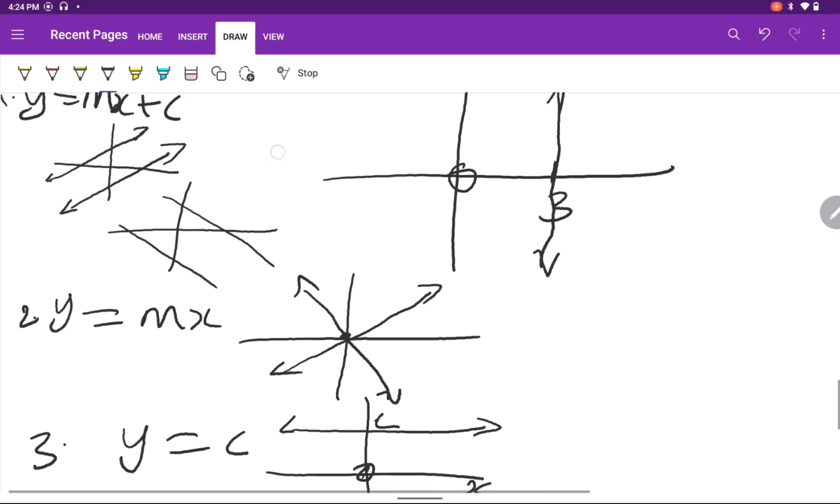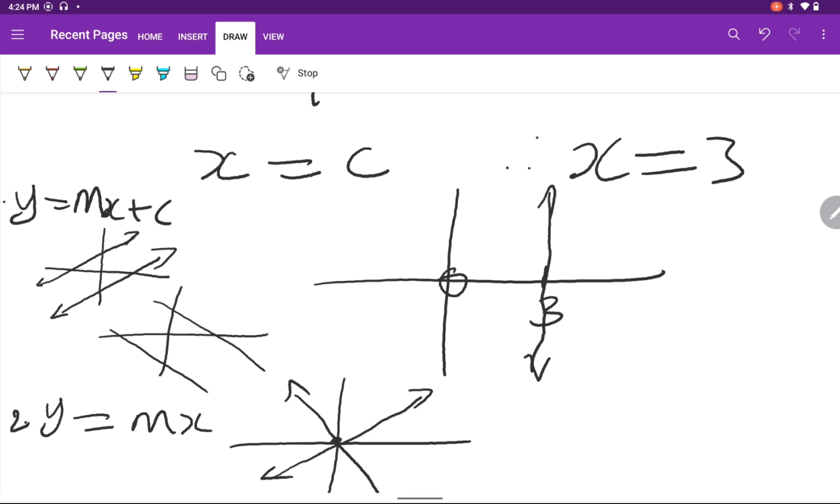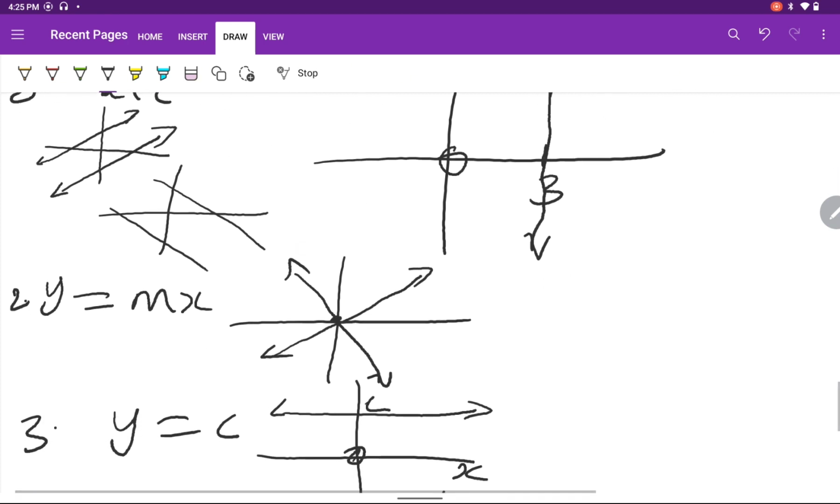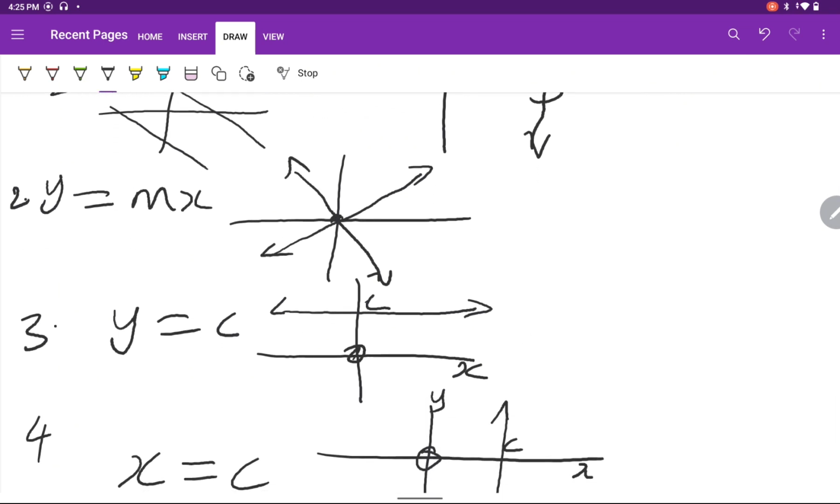So if it has both the m and the c, then it will cut both the x-axis and the y-axis. But if it does not have a c, it will cut at the origin. And then if it's just y equals to c, it will be parallel to the x-axis. In other words, the gradient is 0.